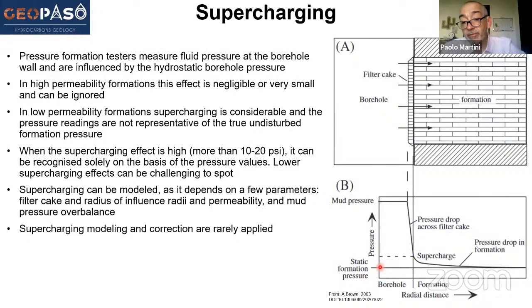The real static formation pressure is this level here, but it takes a little bit of space into the borehole wall to really reach the static formation pressure. Since with the RFT we measure here at the borehole wall, you measure something that is slightly higher than the static formation pressure. That's the supercharging effect.